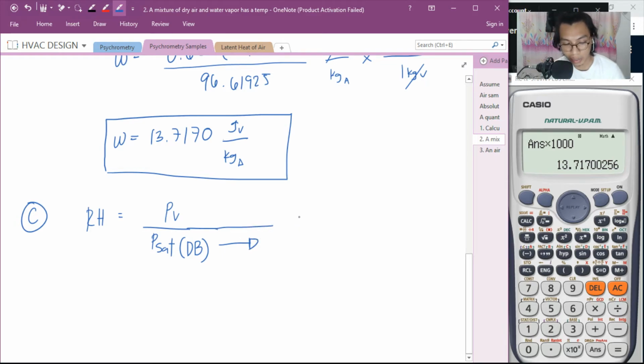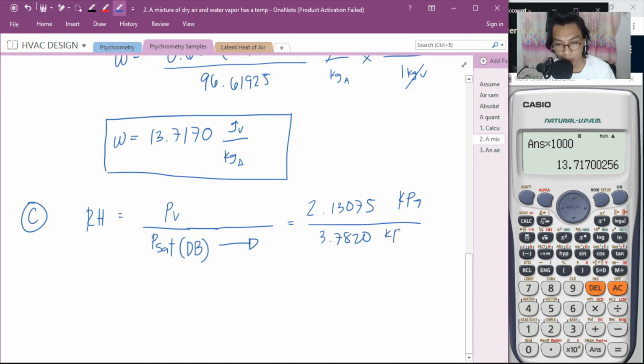As I can see, at 28 degrees Celsius, ang nakuha ko dyan is 3.7820 kPa. Okay? So, PV is equal to 2.13075 kPa. Tapos, the PSAT is at 3.7820 kPa. Look it up in your steam tables kung tama. Okay? You may check it.